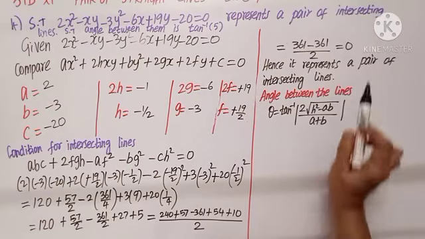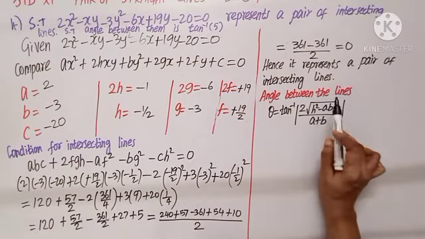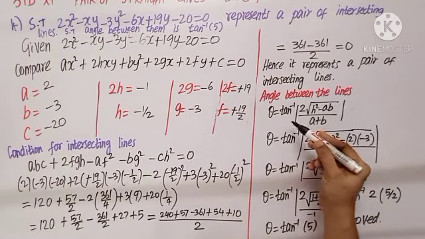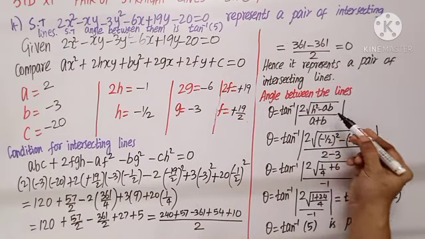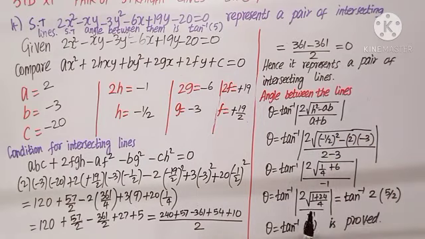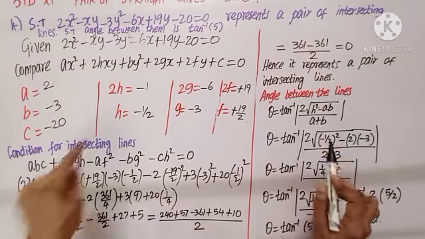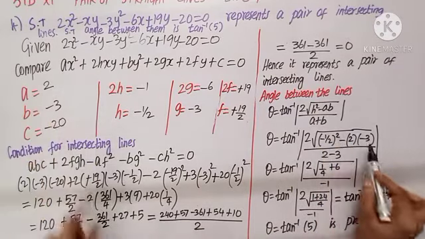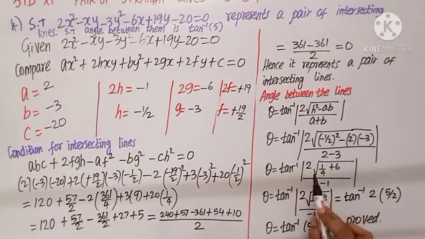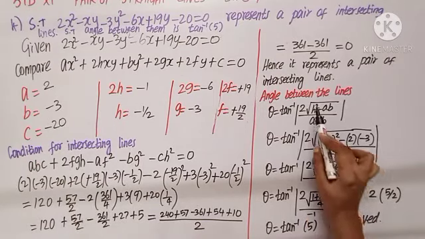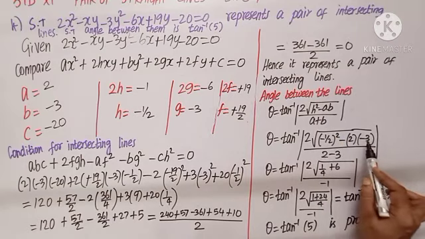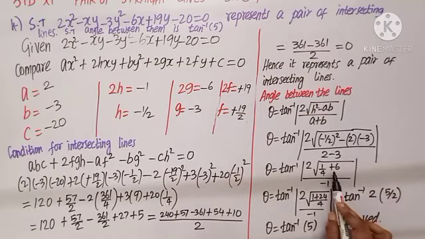Hence, it represents a pair of intersecting lines. The angle between the two lines is theta equals tan inverse of 2 root of h square minus ab by a plus b. As we substitute for h minus half, a is 2 and b is minus 3: h square is 1 by 4, ab is 2 into minus 3, that is minus 6, because minus into minus is plus. a plus b is 2 minus 3, which is minus 1.